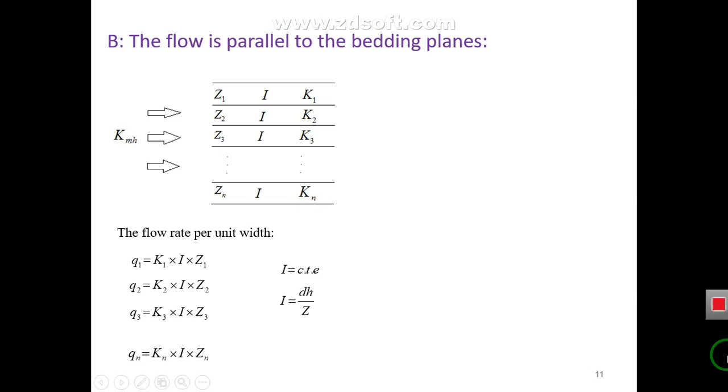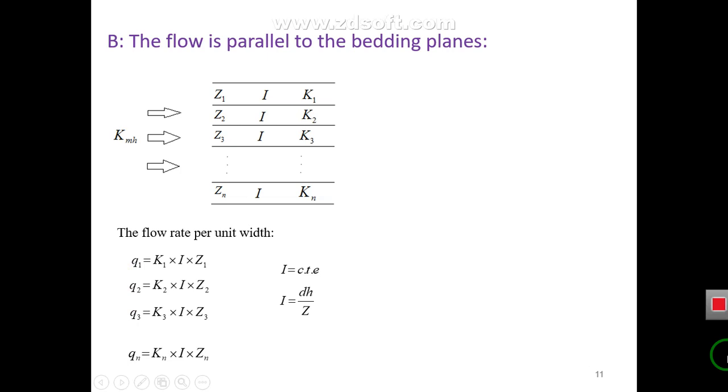For the set of layers, the hydraulic gradient I is constant because the head loss is constant for all layers. For the set of layers, we can define an average hydraulic conductivity in the horizontal direction. So the flow rate per unit width for each layer can be calculated using these equations.